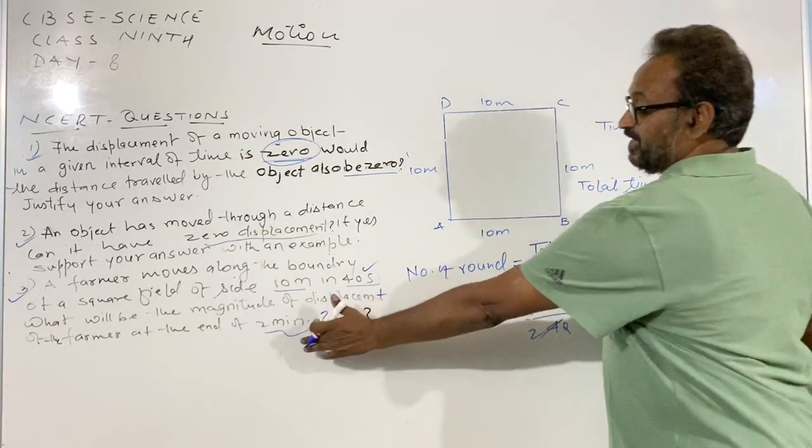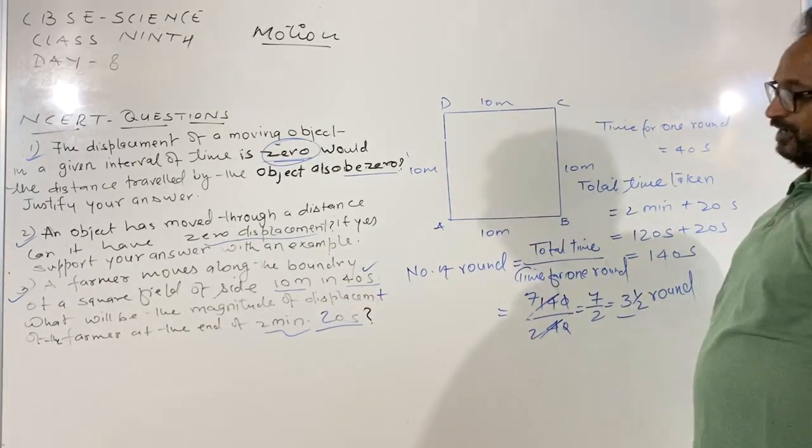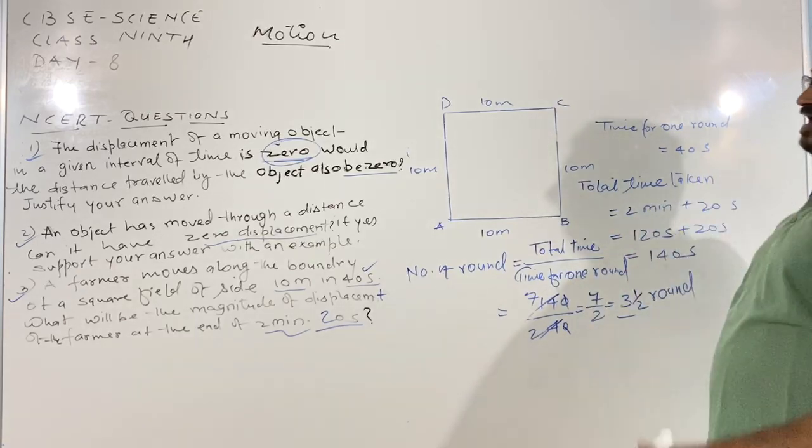So in 2 minutes and 20 seconds, he completes 3.5 rounds.